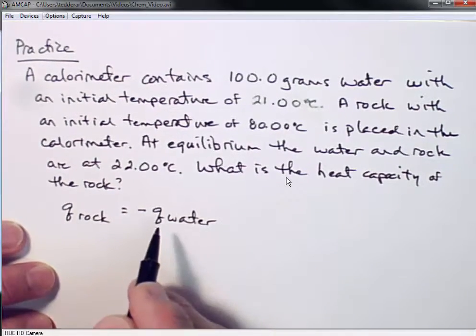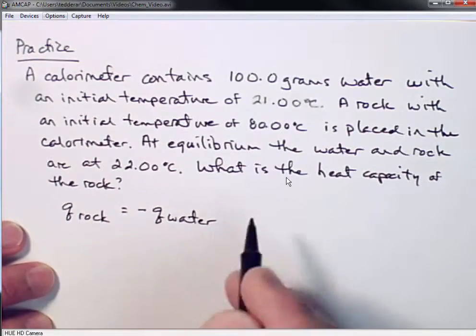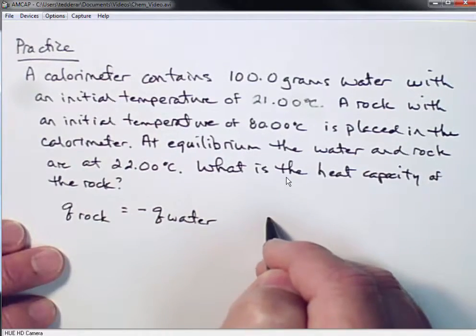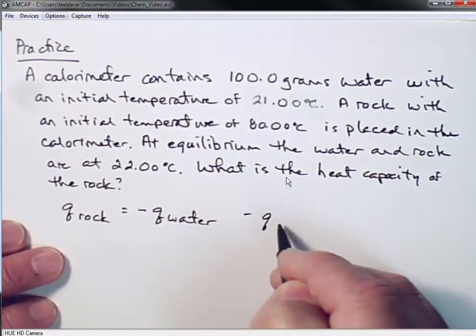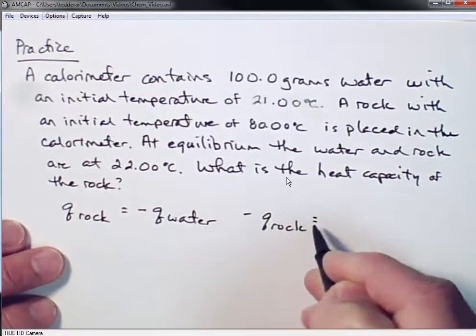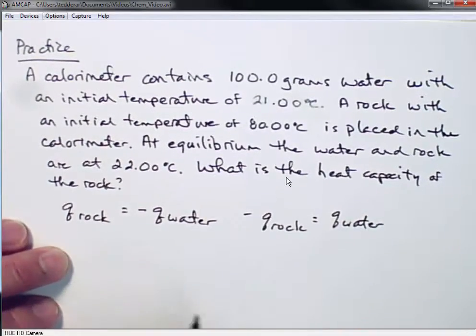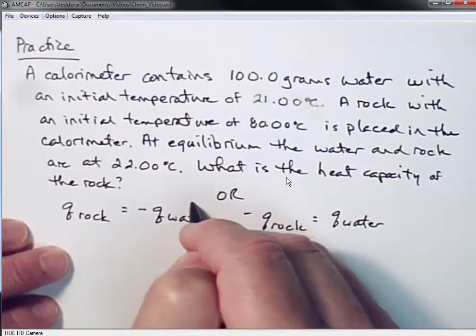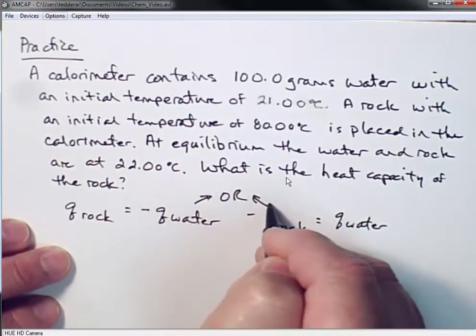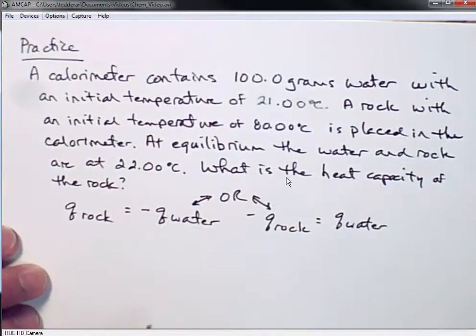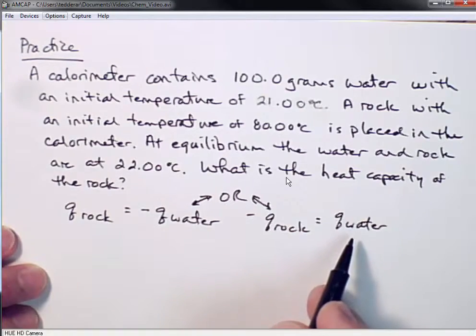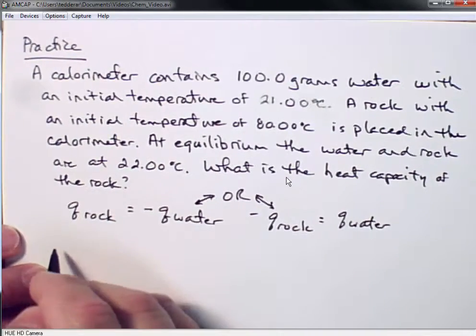So, let's start with the water first. Okay, we could either write this like as I said a moment ago, or we could write like this because the negative Q of the rock is equal to the positive Q for the water. It's just a change in sign. Either one of those works. This or this, either one. Okay. Let's find the Q for the water first because we have everything we need to do that.